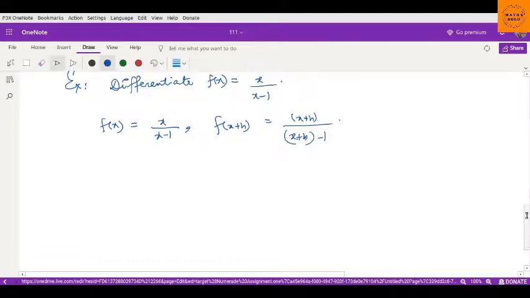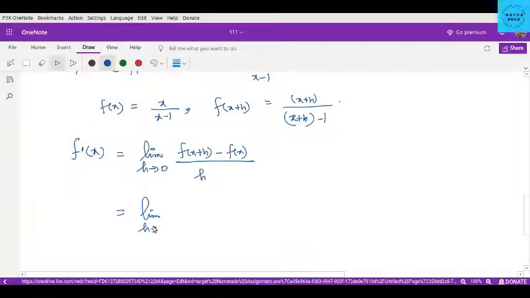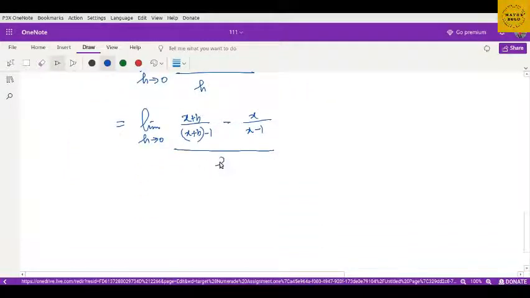Now further we have f dash x, and this is equal to limit h tending to 0, f of x plus h minus f of x upon h. So it is limit h tending to 0, x plus h upon x plus h minus 1 minus x upon x minus 1 upon h.